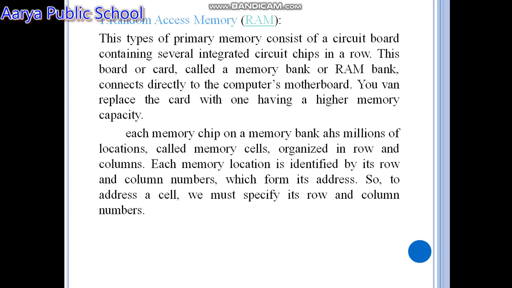These cells are organized in rows and columns. Each memory location is identified by its row and column number, which form its address. So, to address a cell, we must specify its row and column number.